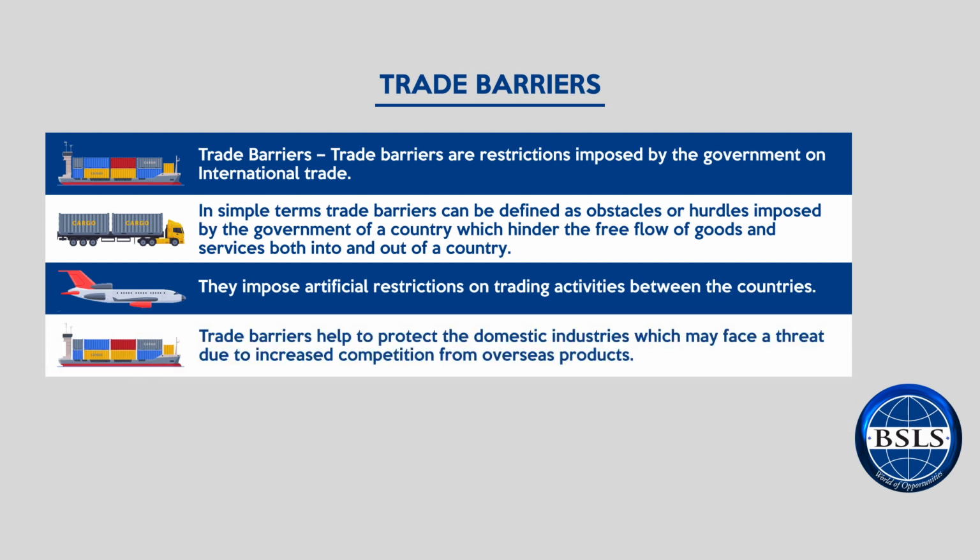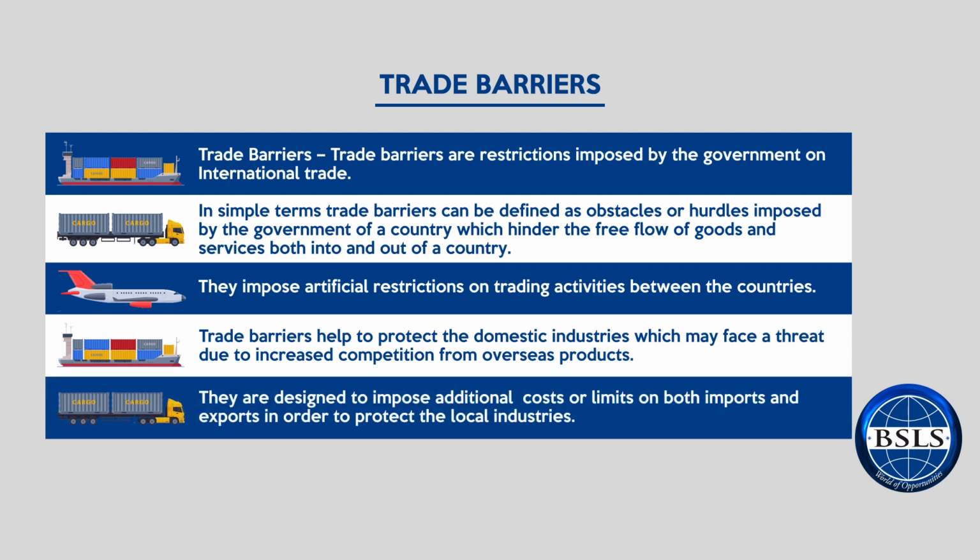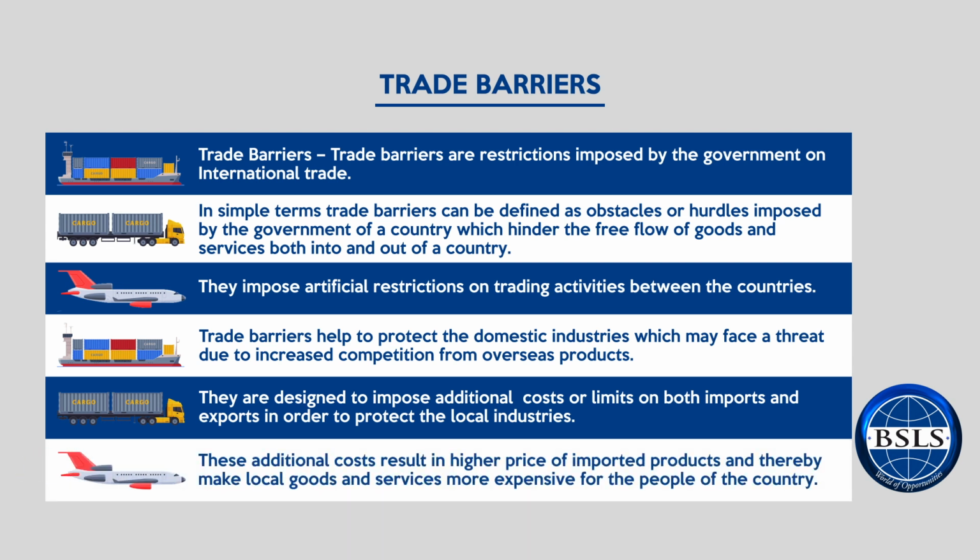Therefore, to protect the local markets from such threats and to cut down on the money spent due to imports, government imposes certain restrictions and obstacles on the free flow of trade. These restrictions or obstacles are referred as trade barriers.